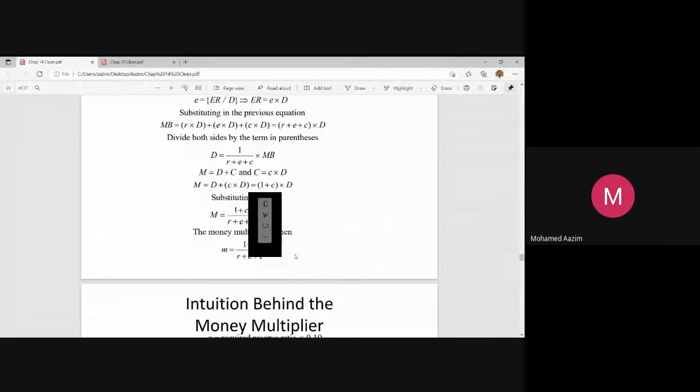So what happens here is when the small c increases, that would increase the numerator. It also increases the denominator, numerator and denominator. But effectively, when the currency in circulation increases, the weight created by this increase is heavier, and as a result, the multiplier reduces.